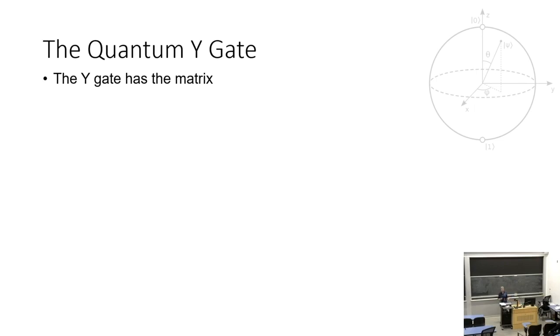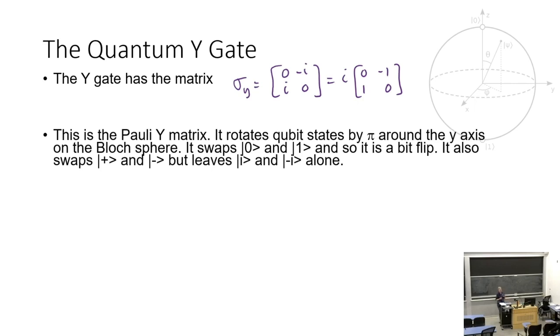And this is called the Pauli Y matrix, and it rotates a qubit by pi around the y-axis on the Bloch sphere, so very analogous to what we just saw for the x-axis. It swaps 0 and 1, and so it's also a bit flip. And it also swaps plus and minus. It's easy to see from the Bloch sphere, but it leaves i and minus i, which are the points on the y-axis, alone.